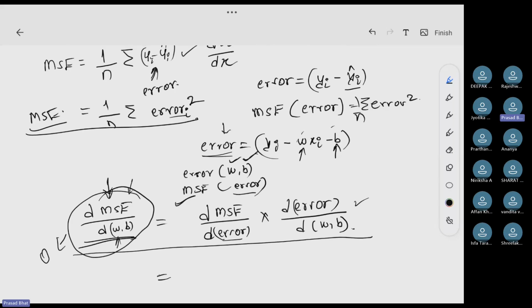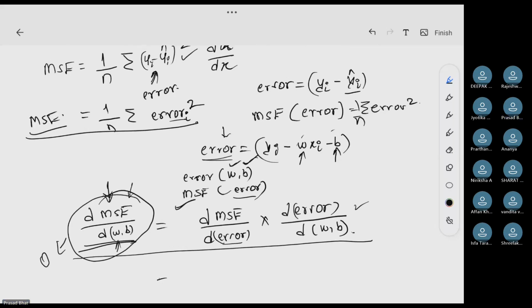One thing with respect to derivatives is if you have something like d by dx of x square plus 2x, then you can actually distribute it like this: dx square divided by dx plus 2 into dx by dx.